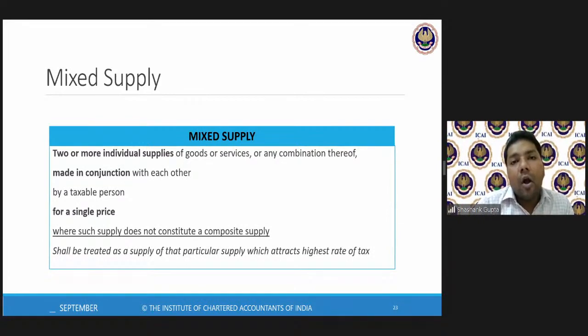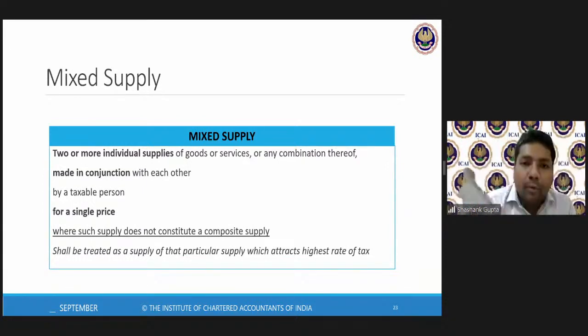In such cases, this combination will be treated as a supply of that particular supply which attracts the highest rate of tax.